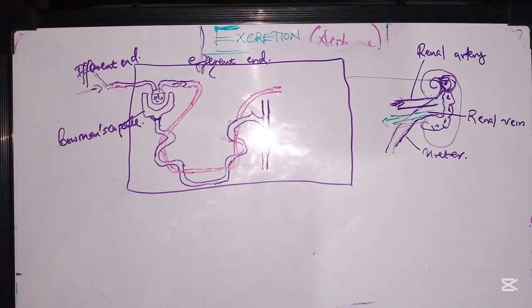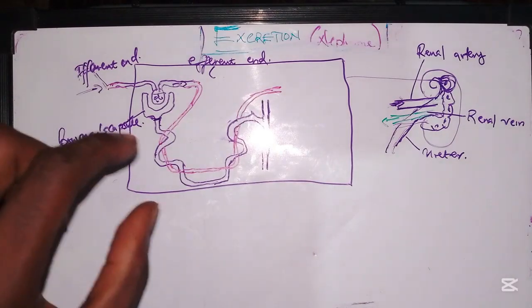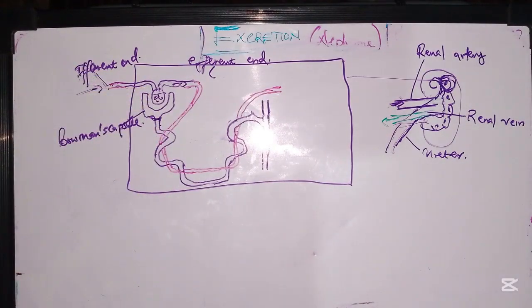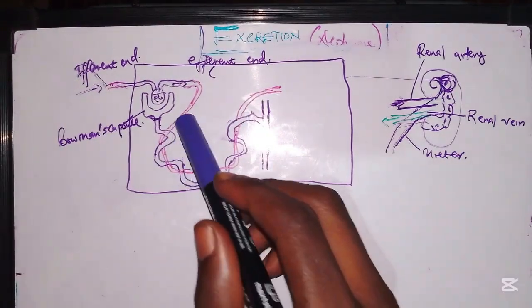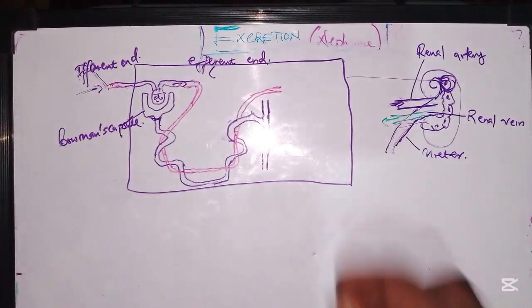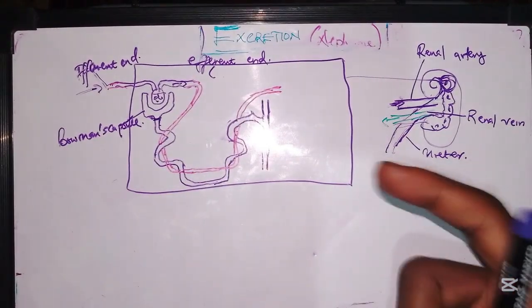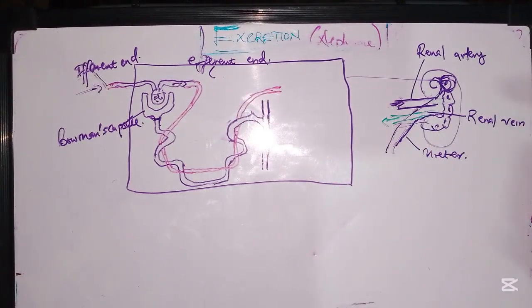This is the part where you have to pay particular attention, because this tubule has 3 parts which I'm going to explain to you. The first part is known as the convolution. Why is it called the convolution? Because it is entangled with blood vessels. Whenever you see a part entangled with blood vessels, just know that it is convolution.